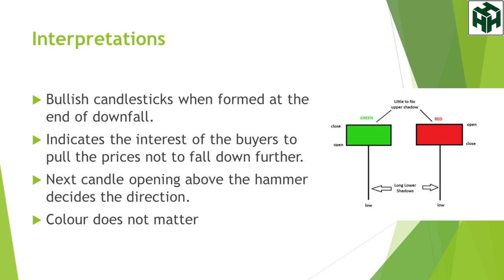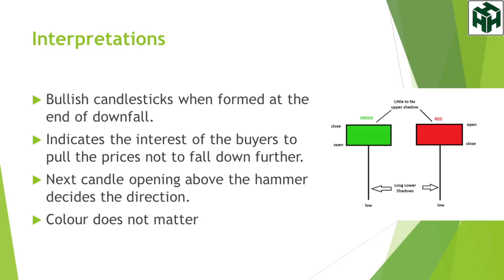Now coming down to the interpretation of it, this candlestick happens after the downfall, so there is a bullish nature to this candle, and it has to be followed by some follow-up outcomes. When a hammer is formed at the end of the downfall, we can consider it for some analysis.